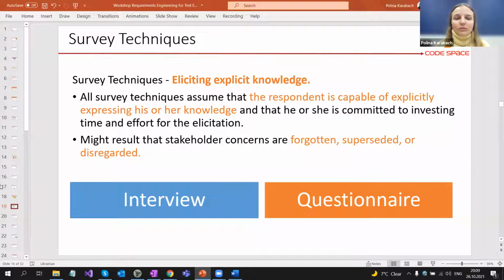And we make an assumption that our users are capable of explicitly expressing the knowledge, so very concisely saying what they want or do not want in the feature and that they understand it. In this way, we understand that some concerns of the stakeholders might be forgotten or even disregarded, because we're asking users what they want.